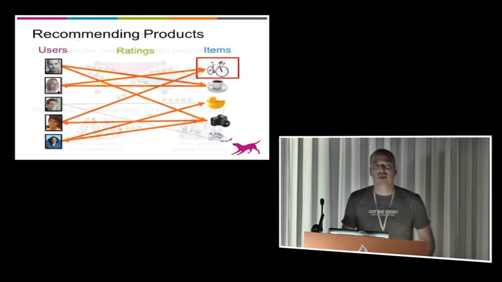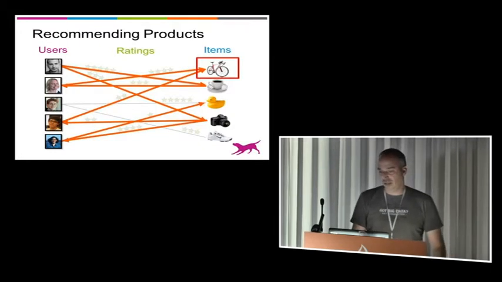The last example is a graph for recommendations, which is one of the domains where GraphLab is most active. We have a bipartite graph. We have a set of users and a set of items they bought. There are edges which signify what they like, and each edge has a certain rating.